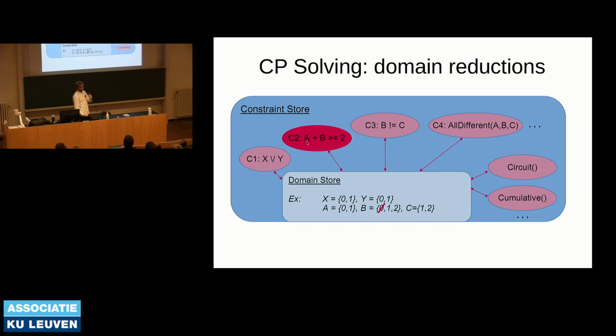This one says that the decision variable A, which can take values 0 and 1, and the decision variable B, which takes values 0, 1, 2, together have to be larger or equal than 2. But because A can only take 0 and 1, the only way that you can reach 2 is if B is at least 1. And then it's possible, 1, 1. But if B would be 0, you know that it cannot be larger or equal than 2.